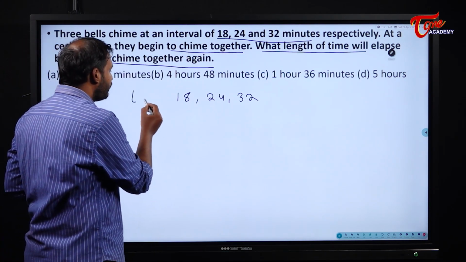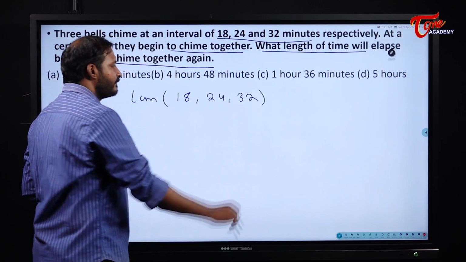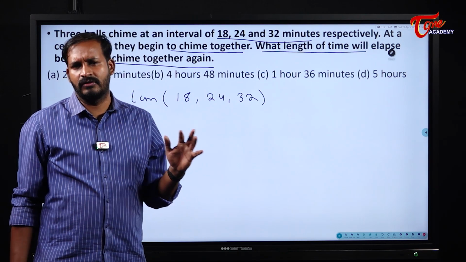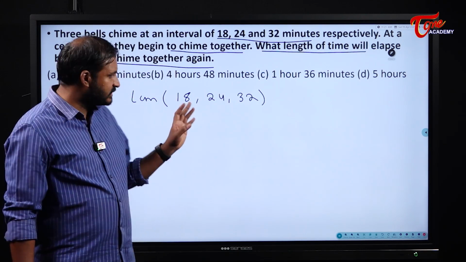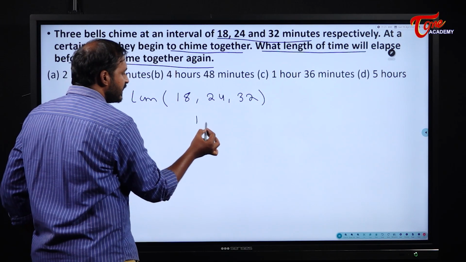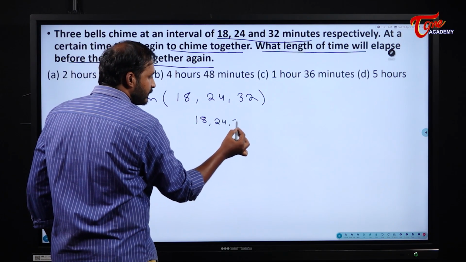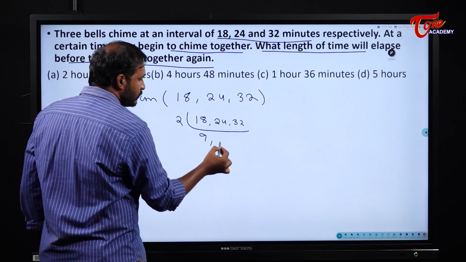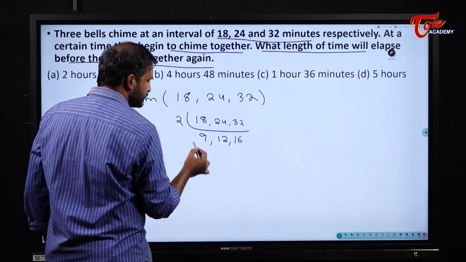So what we need to find here is the LCM of the given times, LCM of 18, 24 and 32. Go with your traditional method. Don't follow any other method and make silly mistakes. Make it simple. 18, 24 and 32, with what table? With the 2 table I will go: 2 9s, 2 12s, 2 16s.